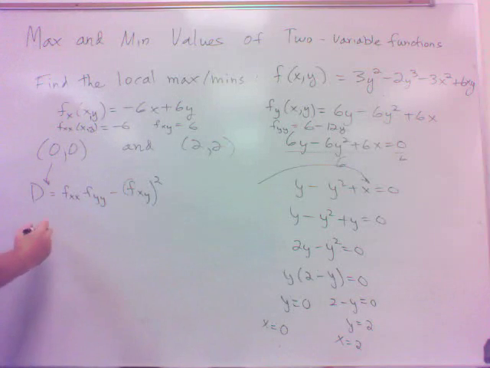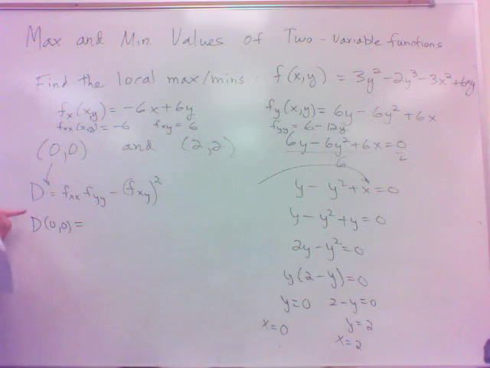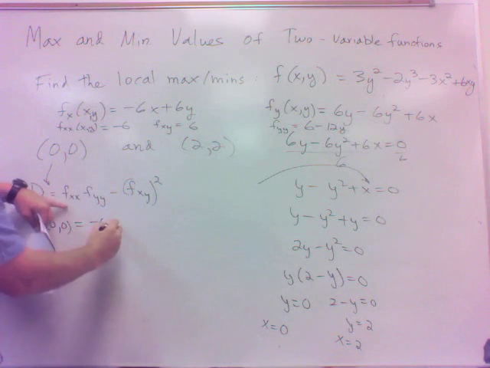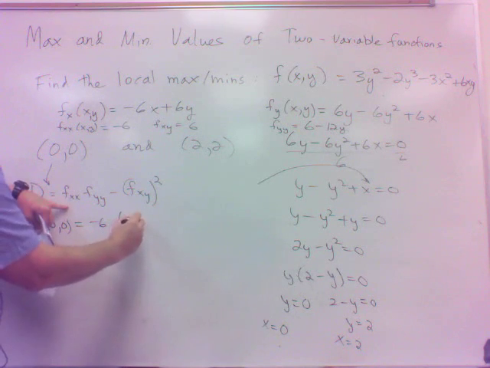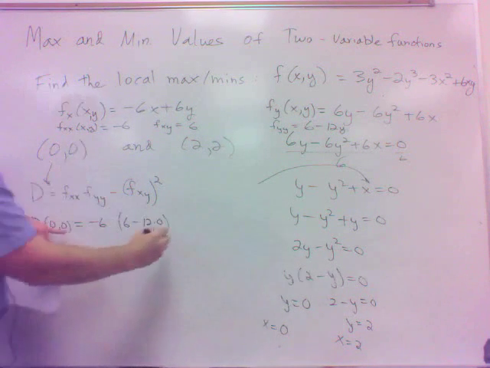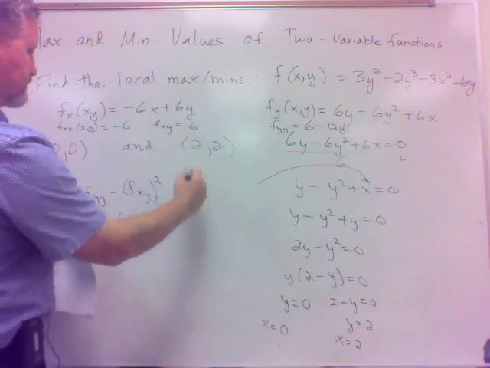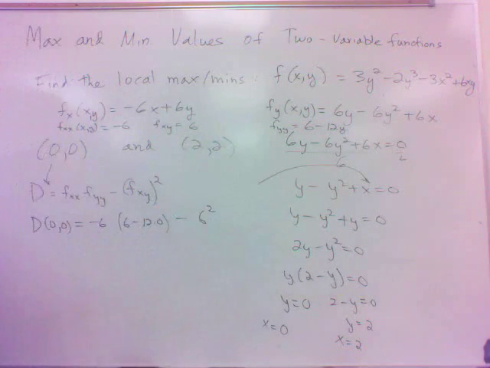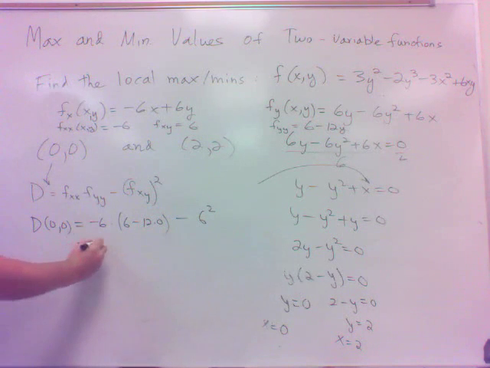Okay, so at 0, 0, what do we got? So that'd be negative 6 times 6 minus 12 times 0, since I'm doing 0, 0, minus 6 squared. Negative 72, okay?